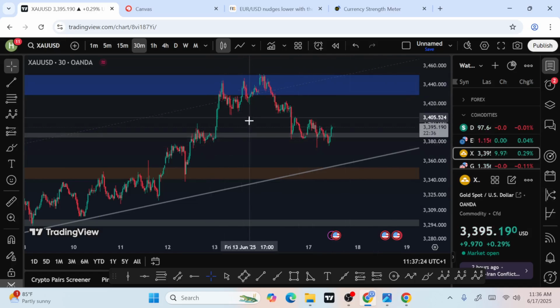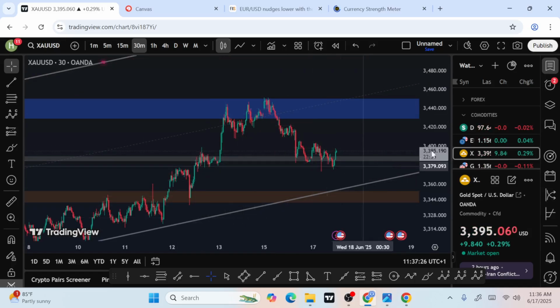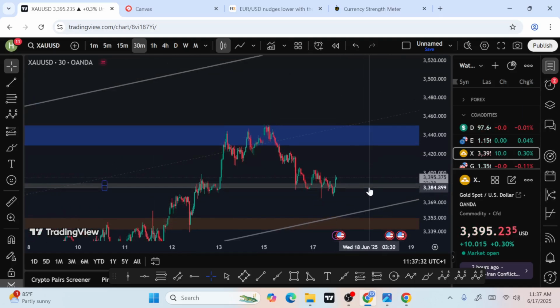I check where is my currency pair, what zone is it at, the support, is it at the middle, is it ranging? You put your Fibonacci, you do everything that you want to do before you now enter. For example, me now, I check confluence one, confluence two, confluence three.